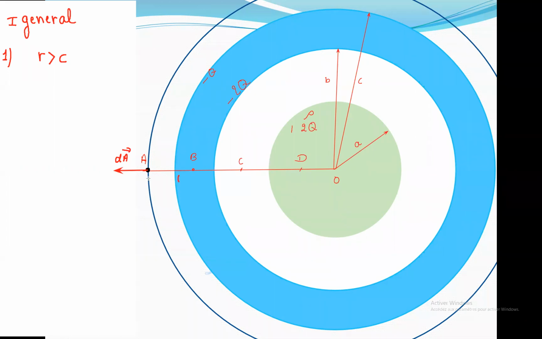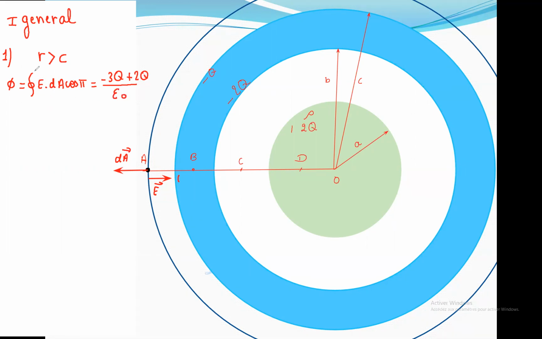In this case, E must be inward at this point, so E and dA are opposite. Flux equals E dot dA cosine pi, which equals Qn. Inside we have the total charge, minus 3Q plus 2Q, divided by epsilon.